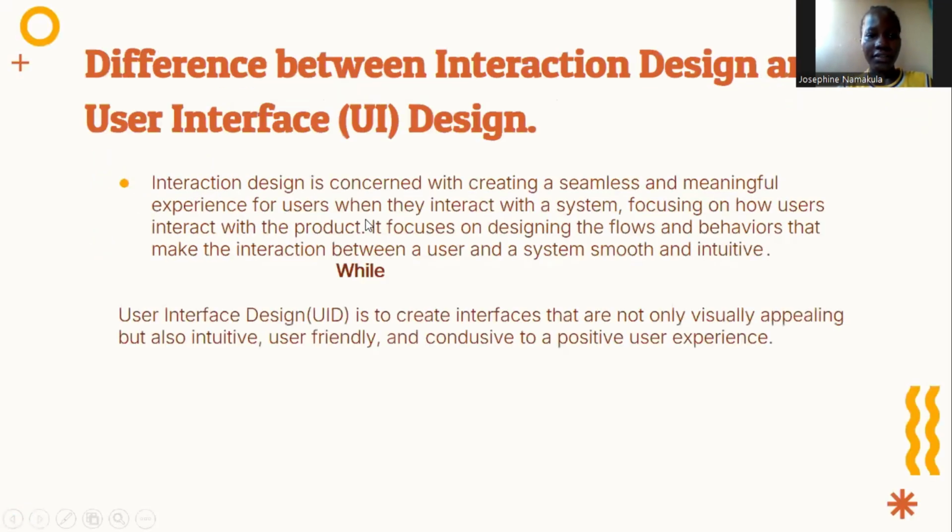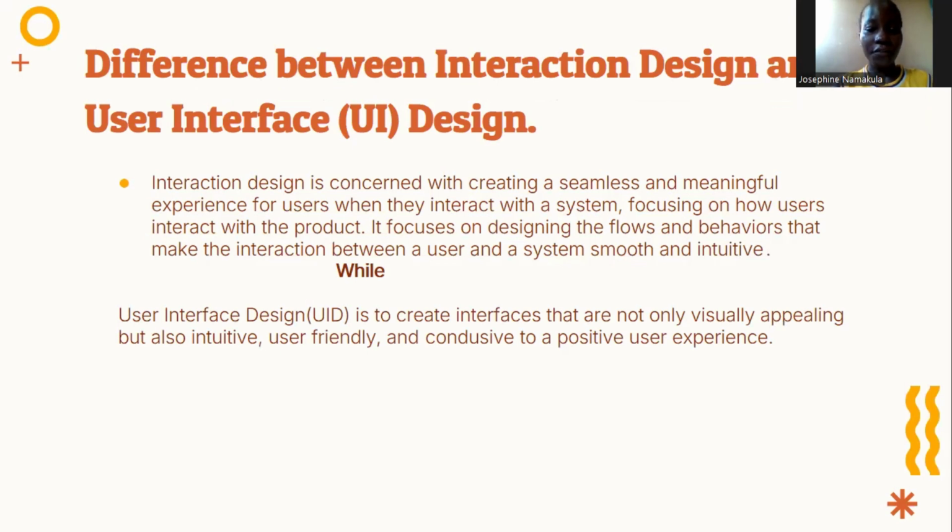When I go to the next slide, I find the differences between interaction design and user interface design. Interaction design is concerned with creating seamless and meaningful experiences for users when they interact with a system, focusing on how users interact with the product. It focuses on designing the flows and behaviors that make the interaction between a user and the system smooth and intuitive.